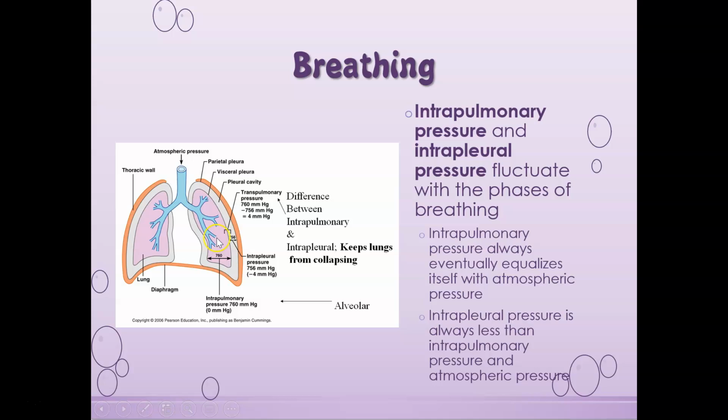The pressure in here is trying to equalize with the pressure outside your body, and that's why air goes in or out based on that pressure differential. I also need to ensure that intrapleural pressure is less than intrapulmonary pressure, and that ensures your lungs don't completely collapse.